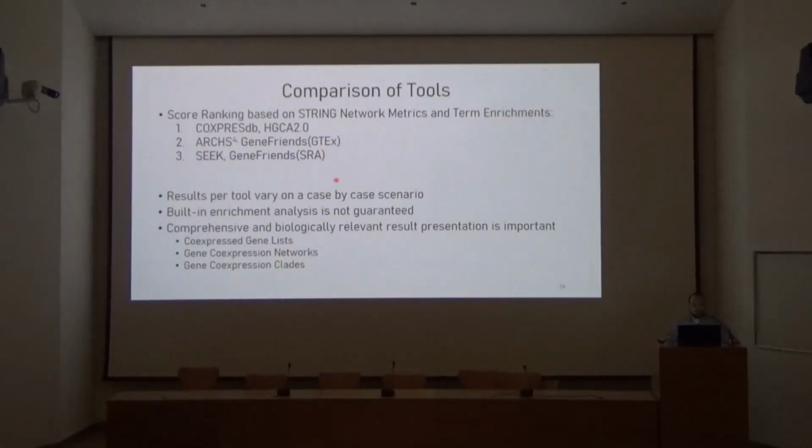Apart from the STRING test, we also want to say that the results of each co-expression web tool really vary on a case-by-case scenario for each different gene. Furthermore, there are many web tools that do not include built-in enrichment analysis, which is something that HGCA2 does. Finally, one thing that a co-expression web tool has to take into account is that the result presentation has to be comprehensible by the users.